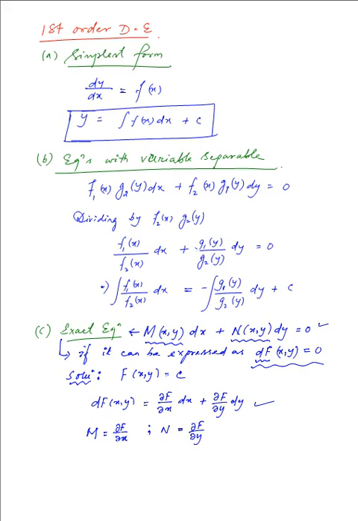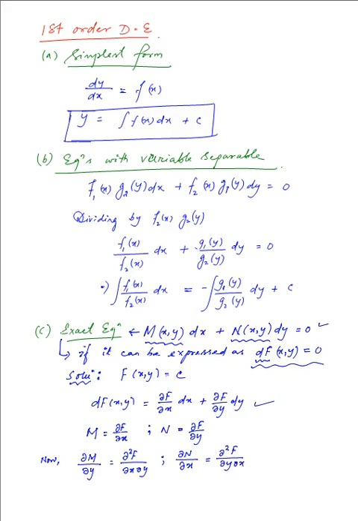And with this comparison available to us, because both of them are functions of x and y, we can further take del M by del y, which is going to give me del square f divided by del x del y, and for del N by del x we have del square f divided by del y del x.